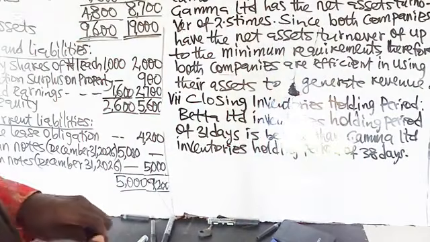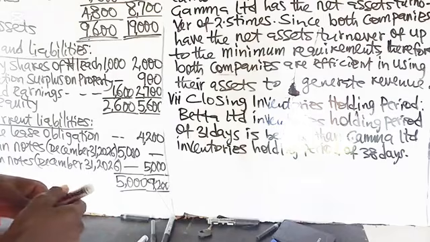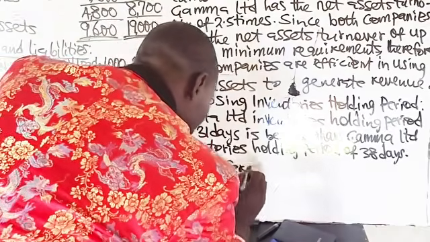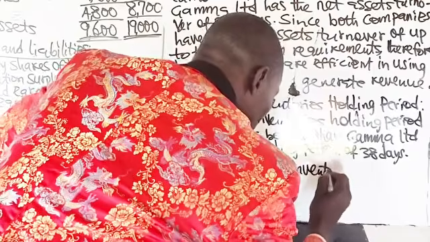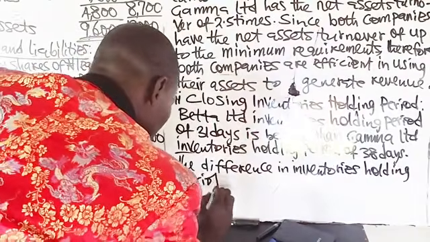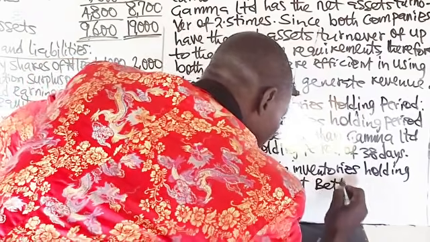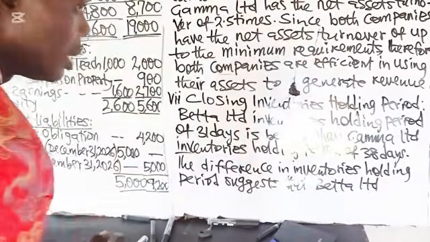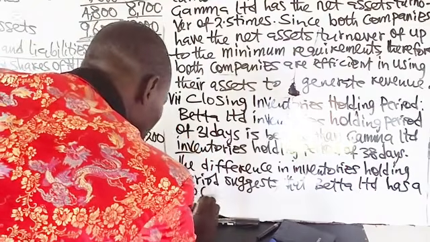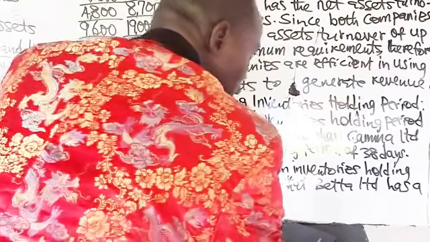The difference in inventory holding periods suggests that Beta Limited has a more efficient inventory management system.